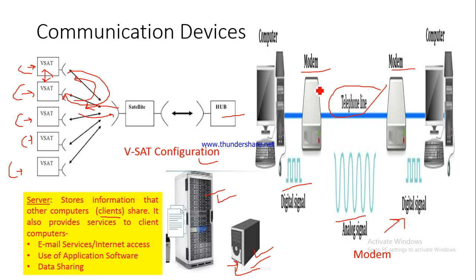The digital signals would be converted to analog signals, and then they would be transferred over the telephone line, and at the receiving point also there would be a modem which would convert the analog signals back into digital signals, and now these digital signals can be interpreted by the computers here or by the office here. This is fine. So this is how the communication devices work, right?